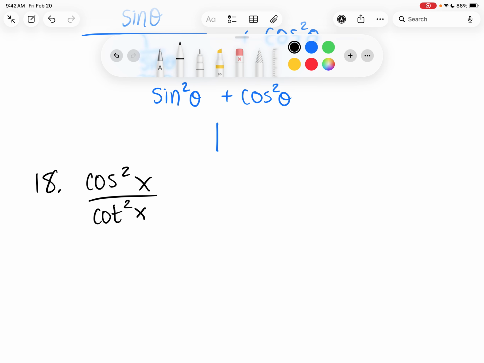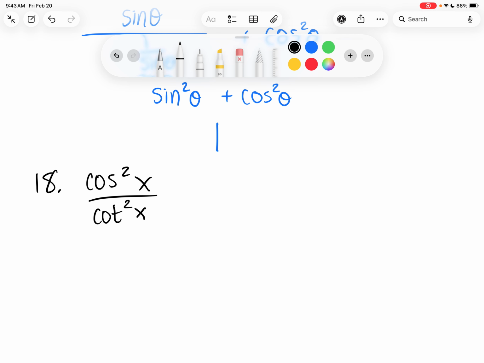Cotangent could be 1 over tan x. So that's one way I could do it, but is that going to help me cancel anything? No. So whenever I see a sine and a cosine in a problem and I have a tangent or a cotangent, my first thought is always to rewrite them in terms of sine and cosine. So how can I rewrite cotangent in terms of sine and cosine?